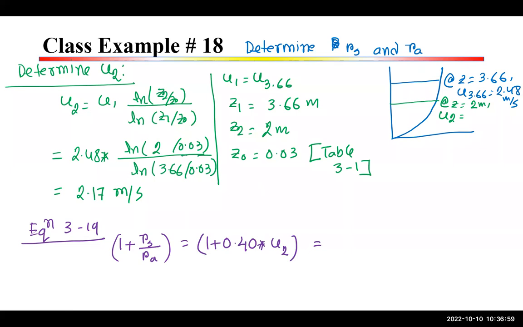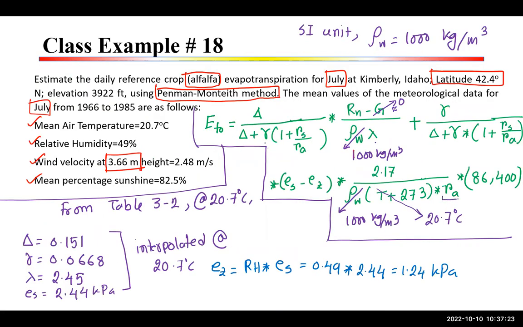And what is that value? 1.868. Okay. We also need the RA value, right? For the equation. So this part is done.